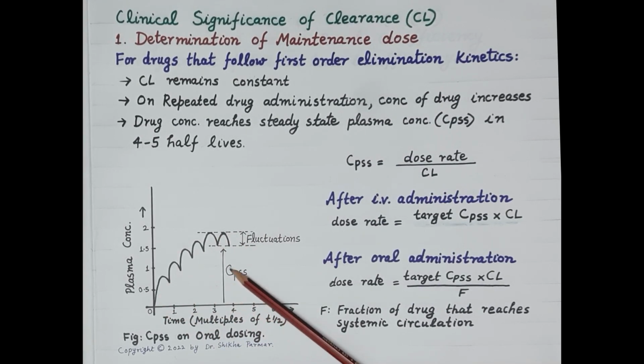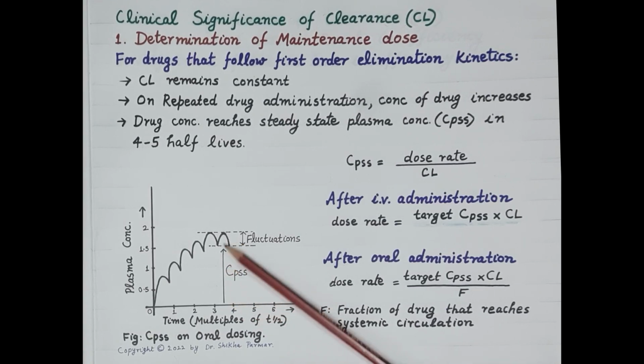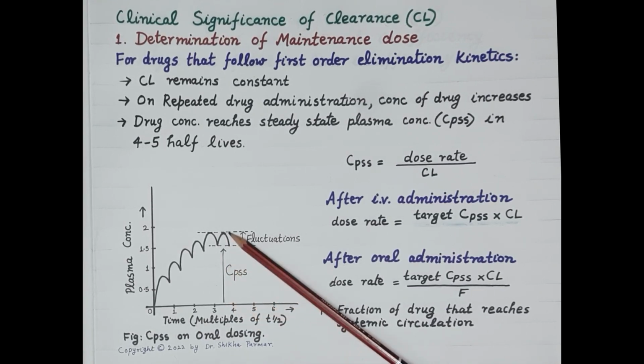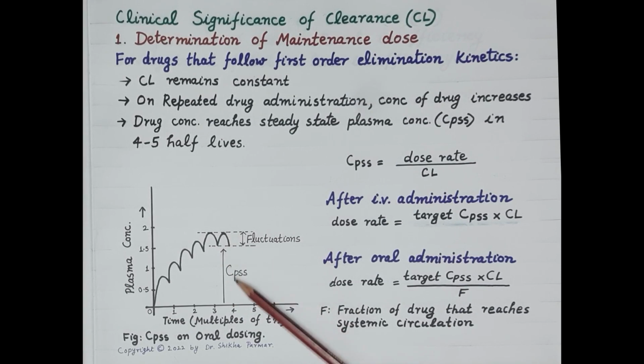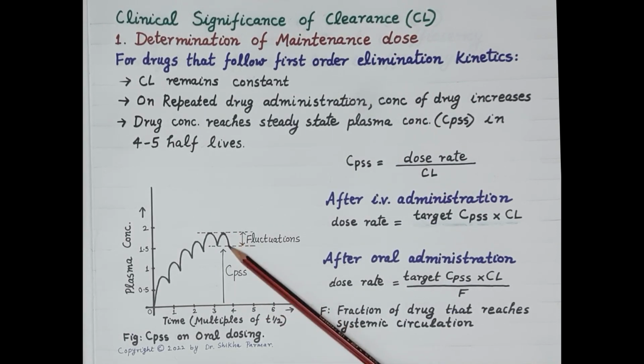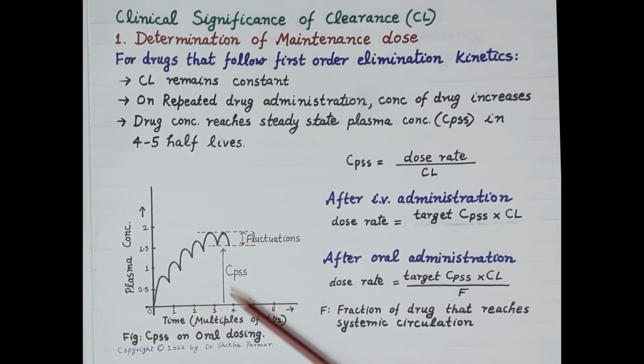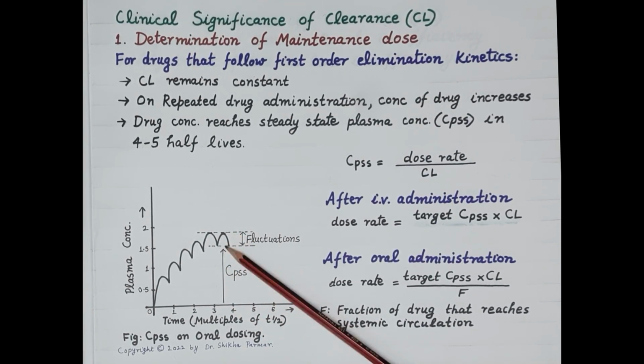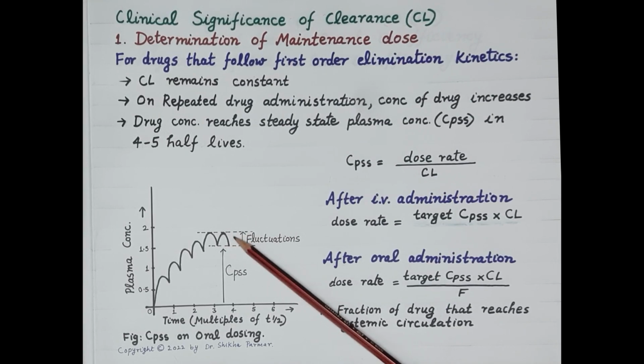This concentration of drug from here to here is termed as steady state plasma concentration. This steady state plasma concentration fluctuates between these 2 points, so it is this much and this much. This is how steady state plasma concentration is reached.